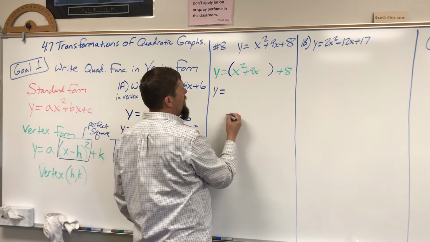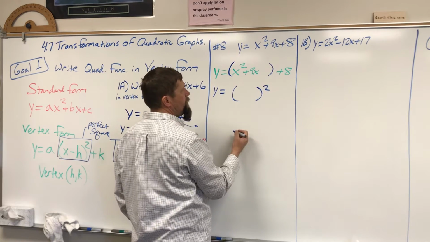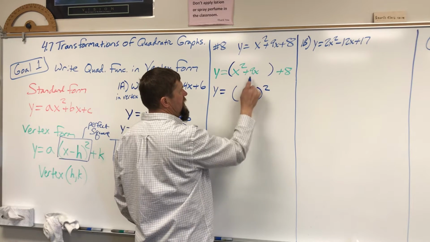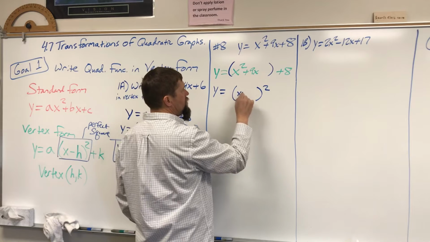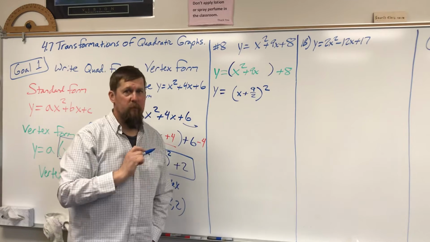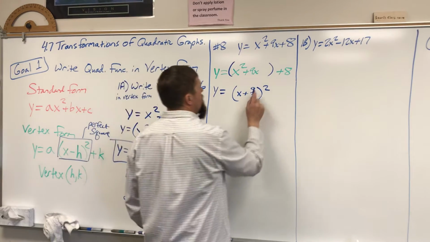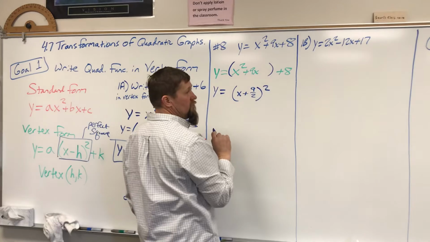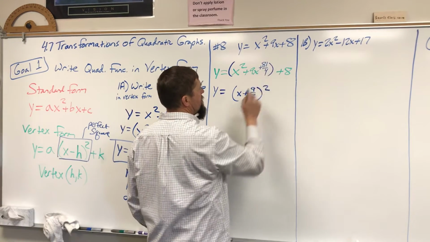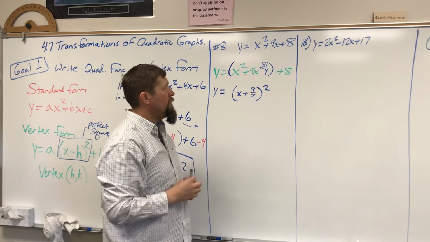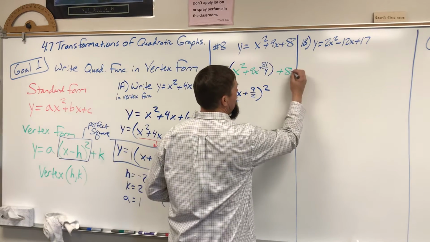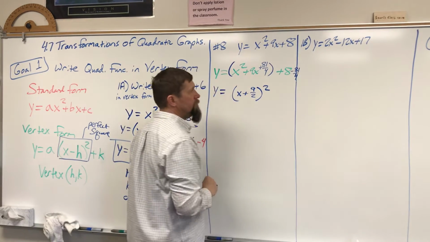So I end up with y equals something squared. I know this is going to be half of 9, so x plus 9 halves. I'm going to add that squared inside, so I'm going to add 81/4. But because I'm adding 81/4 there, I have to subtract 81/4 here.